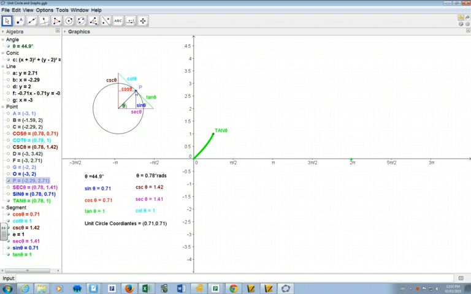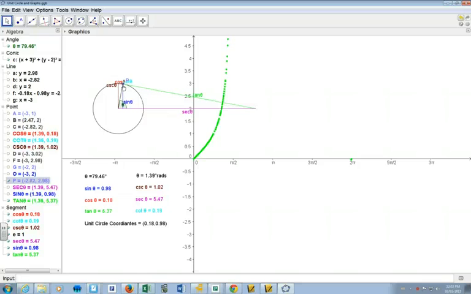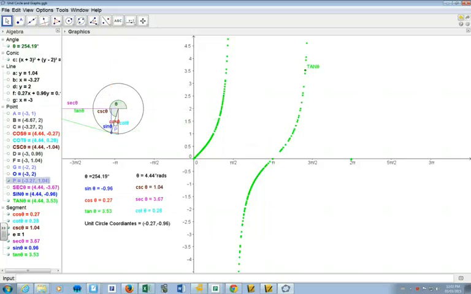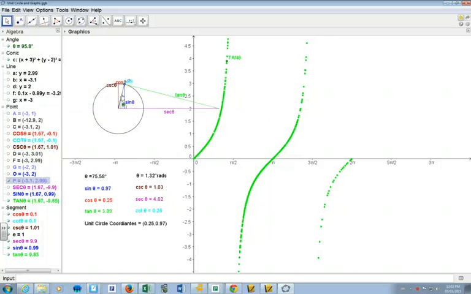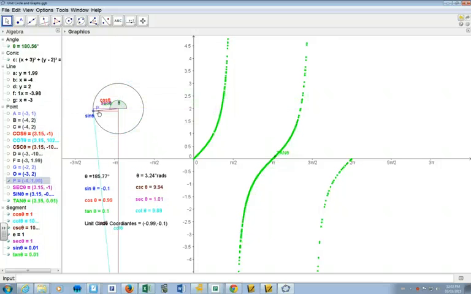And as you keep going, tangent gets bigger and bigger and bigger and bigger until it's undefined at pi over 2. And so we get a tan graph that repeats itself.